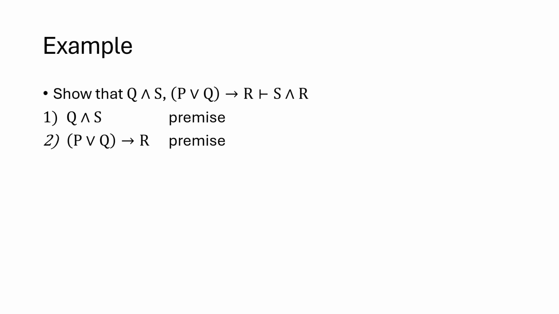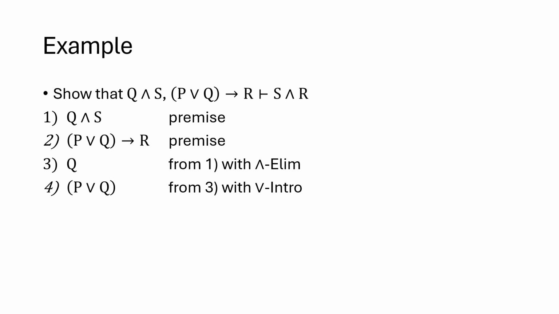The only one that seems to be applicable is using AND elimination on line number 1. So we can get Q from line number 1 using AND elimination. Now we can use Q to infer P or Q using OR introduction. So from Q, which is line number 3 here, with OR introduction, we can infer P or Q.